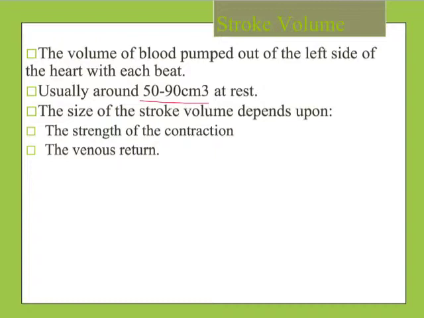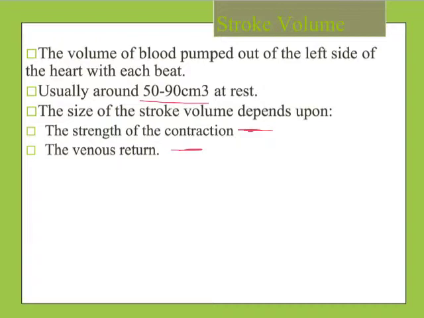Now the size of stroke volume, how much you pump out per beat, varies from person to person, but ultimately the main things that determine it are the strength of the contraction, so the harder the heart's pumping, the more volume is going to go out, and what's called venous return. Venous return is how much blood has been brought back to the heart through the veins. When you're exercising hard, more blood returns to the heart because everything's flowing a lot faster.